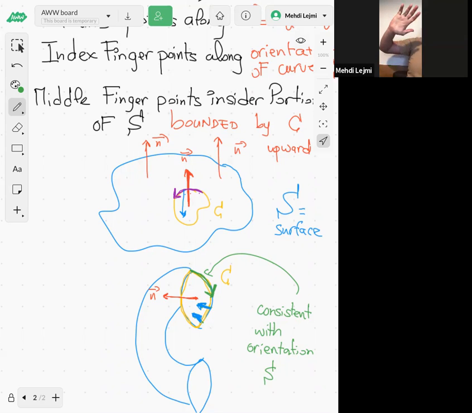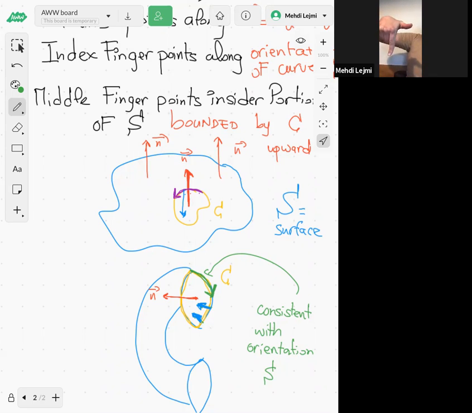So this is my right hand. My fingers curl in the direction of the orientation. My thumb points in the direction of the normal vector, and my index finger points along the orientation of C. The middle finger points inside the portion of S bounded by C. Makes sense to you guys?